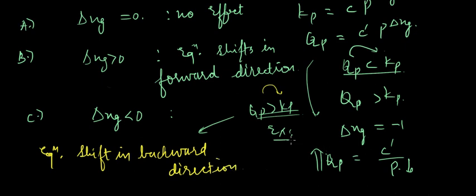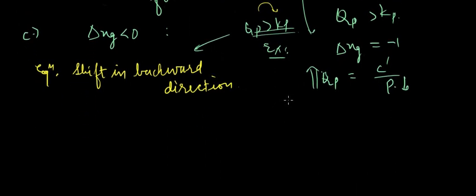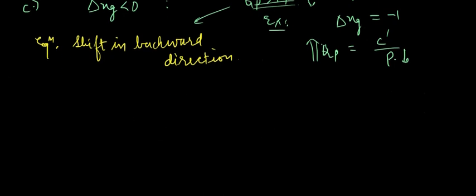Okay, so what is our conclusion based on the above understandings? Conclusions can be that when pressure increases, equilibrium shifts towards lesser number of moles, and when pressure decreases, equilibrium shifts towards more number of moles.